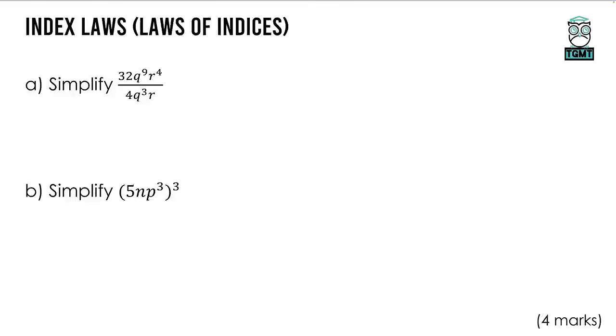Moving on to some algebra, we're looking at index laws. So with index laws, and we've already mentioned some of them when looking at standard form, when we are multiplying, we can add the powers, and when we are dividing, we can subtract the powers. Now in this first question, we are dividing, so we're going to be subtracting powers, however you need to be a little bit careful. Now we have some whole numbers at the start of each expression.